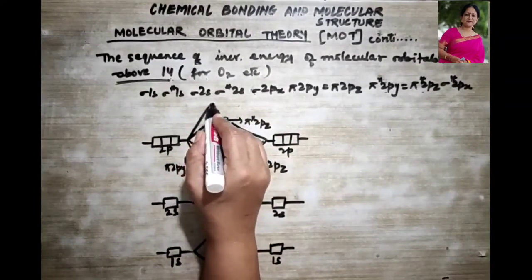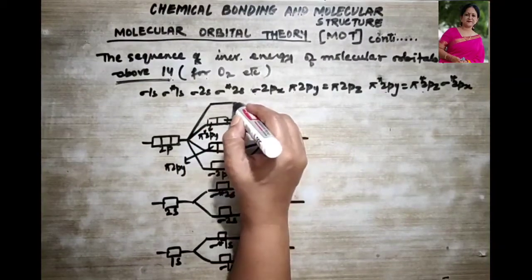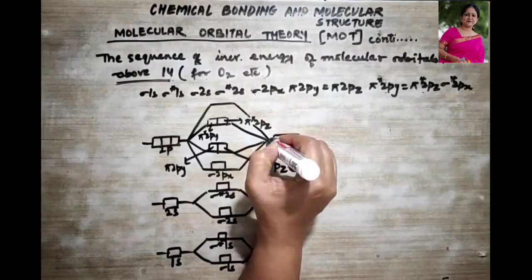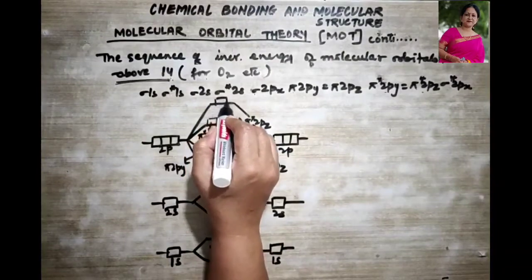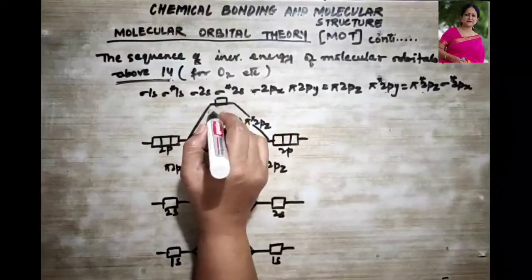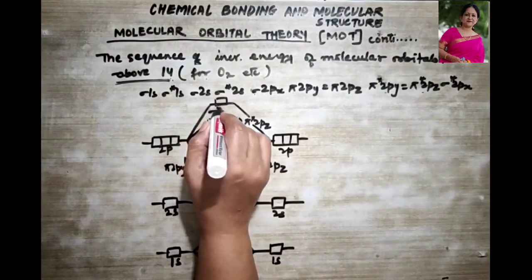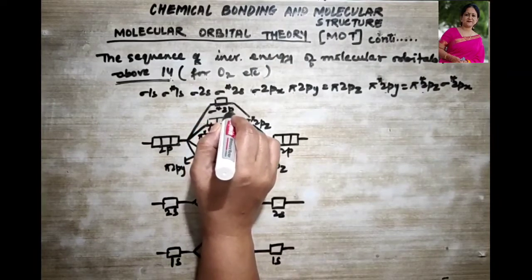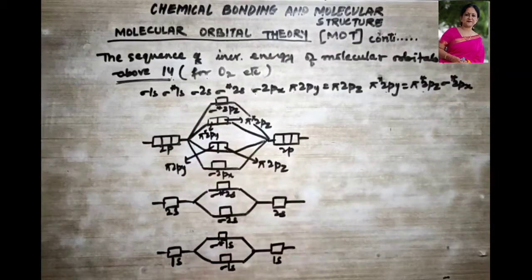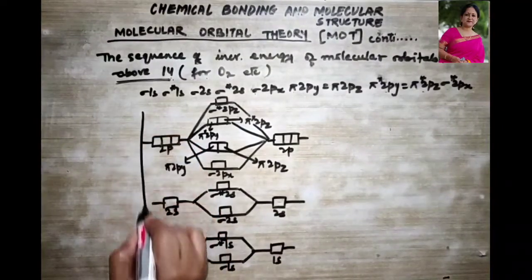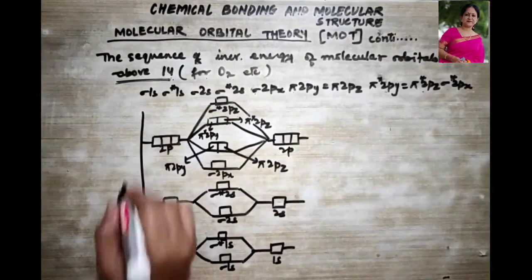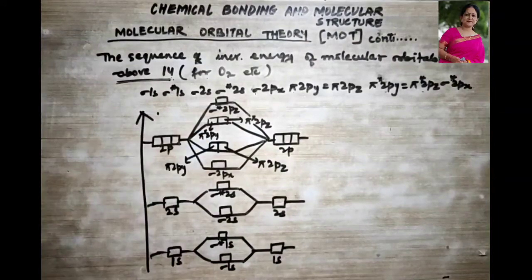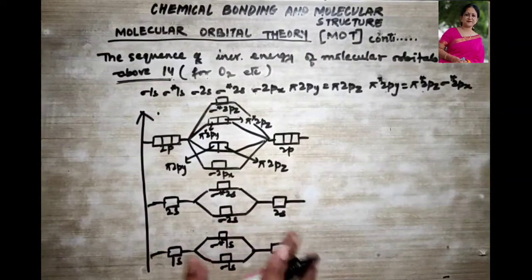And then this has just one box, that is anti-bonding sigma star 2px. So I hope the structure is clear to you, how we draw, and all this has to show what? Increase in the energy. So this is how we draw.